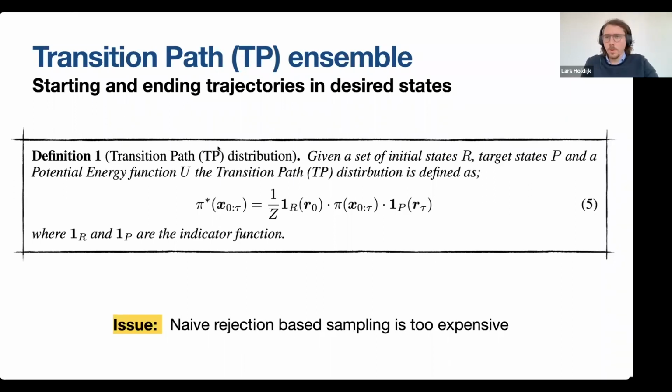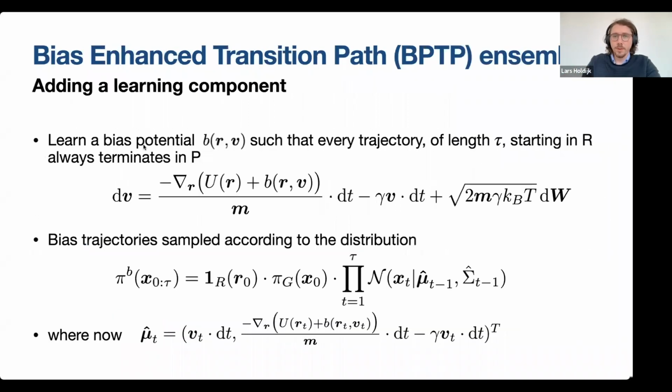There's a ton of work on this called transition path sampling, based on MCMC methods, where I directly sample from this distribution. But then there's another strain of work, which you could call bias-enhanced transition path sampling, which the method that we're going to be looking at is more closely aligned with.